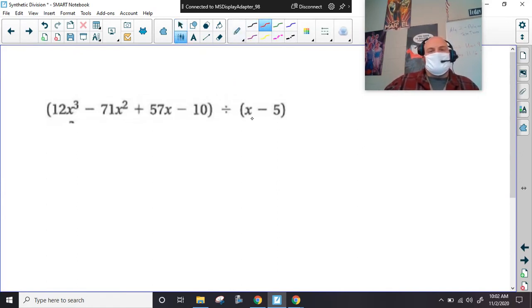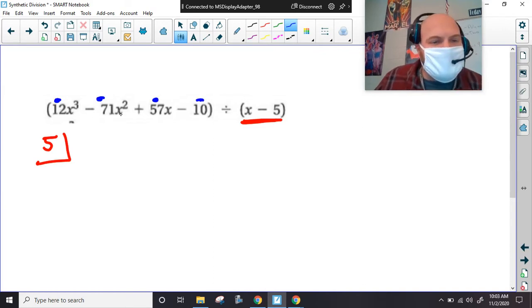All right, I have a minus 5 right here in this. So I have to do the opposite, which is a positive 5, and it goes in the timeout box. Okay. Now, remember, I just need my numbers right here. And it looks like I have all of them.